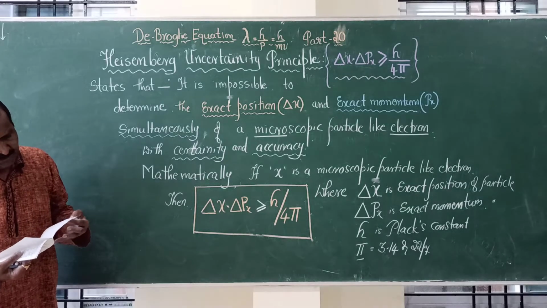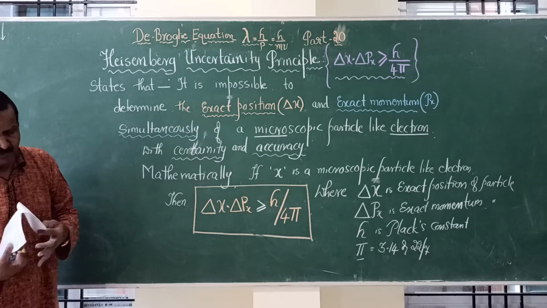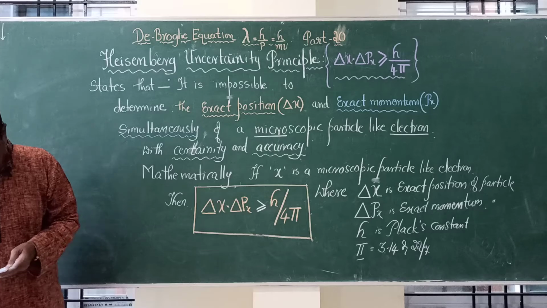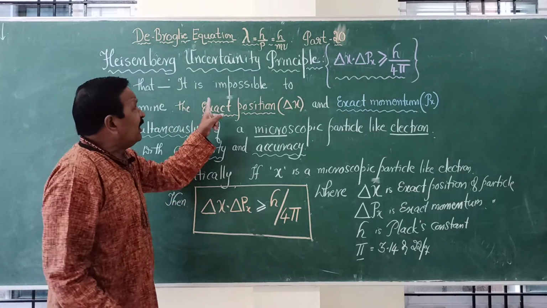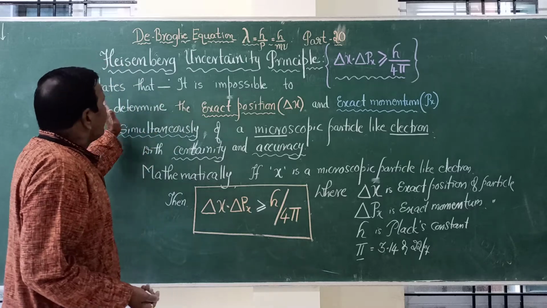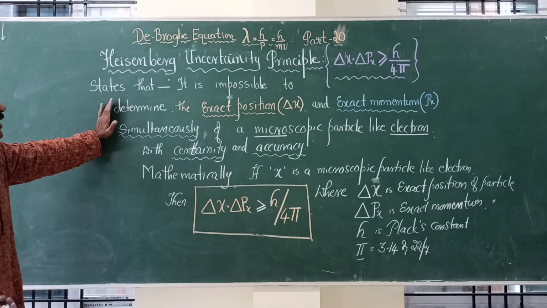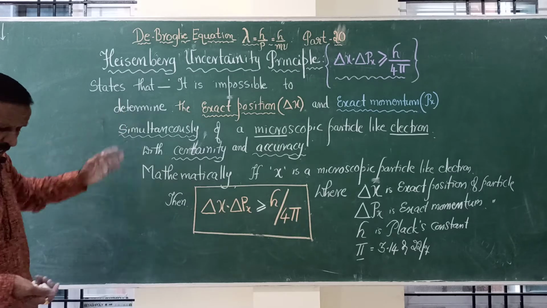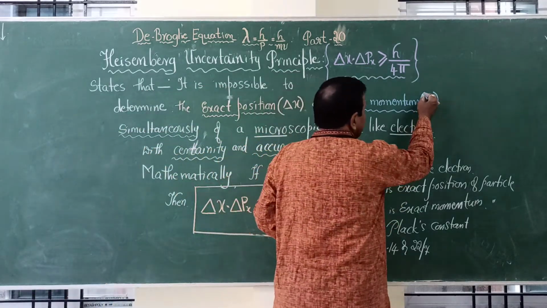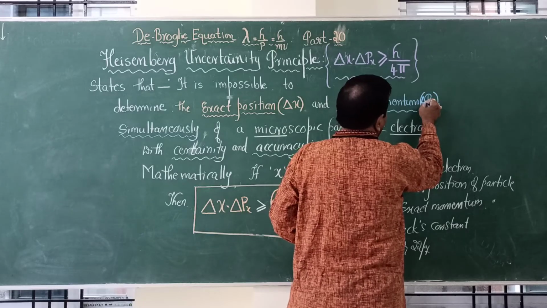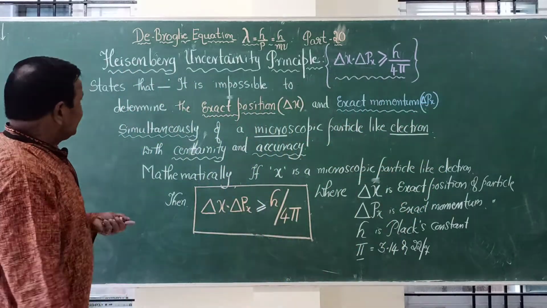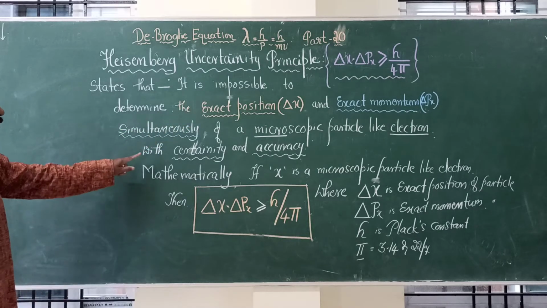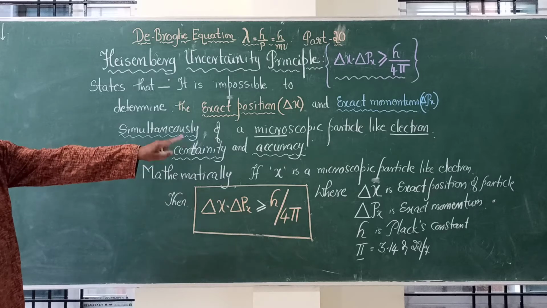So what he said is that it is impossible to determine the exact position delta x and exact momentum, I'm sorry, it should be delta px, simultaneously of a microscopic particle like an electron with certainty and accuracy.